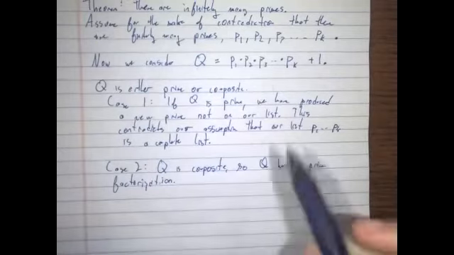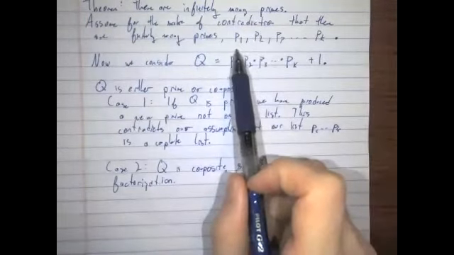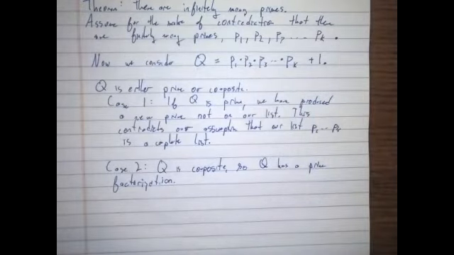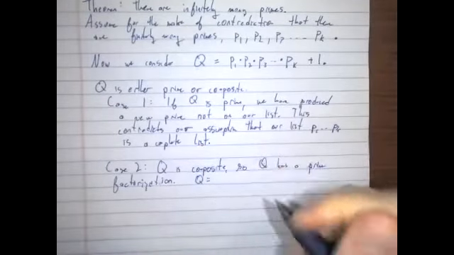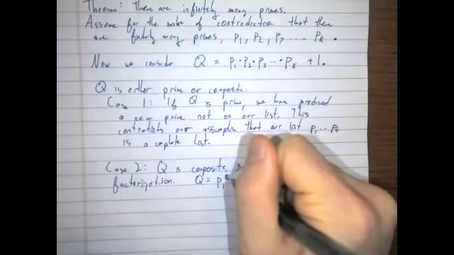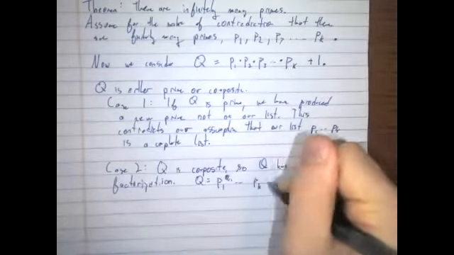Right? So now my question is, if Q has a prime factorization, is Q divisible by my set of primes? So I'll write Q is equal to P1 to the Q1 times Pk to the Qk.